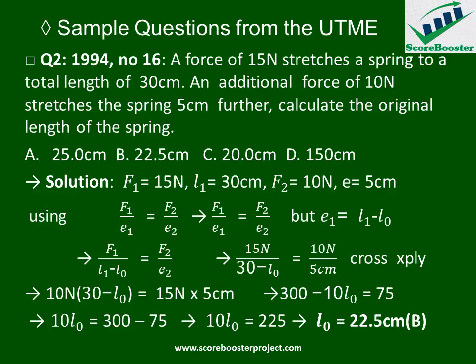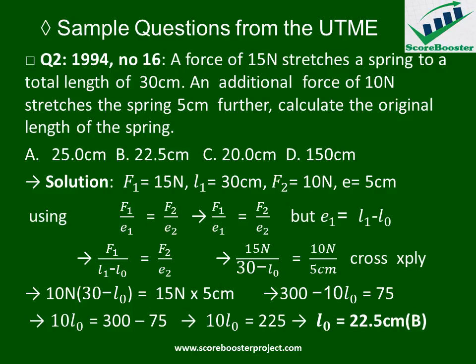Now how do we go about this? You have to use F1 over E1 equals F2 over E2. But you recollect that our E1 will be L1 minus L0. So in substituting into the formula, now you have F1 over (L1 minus L0) equals F2 over E2.